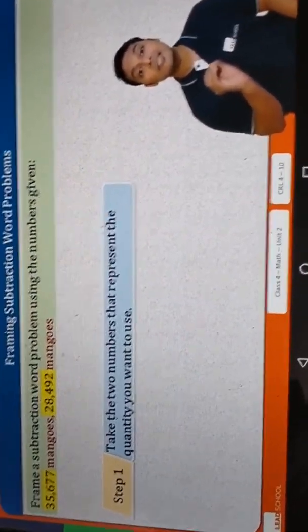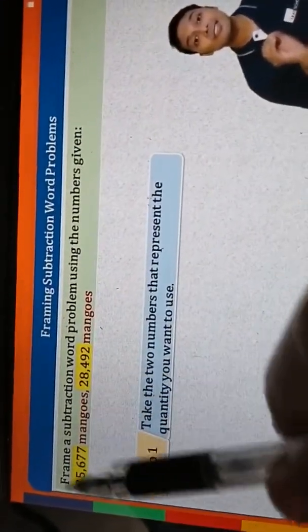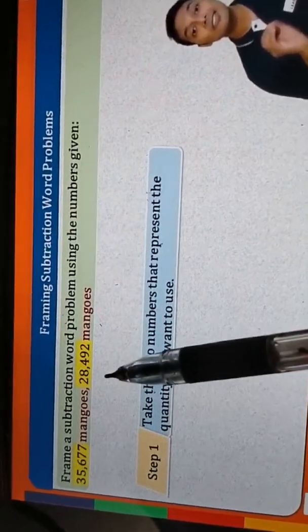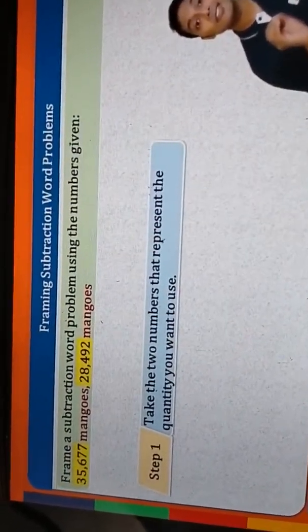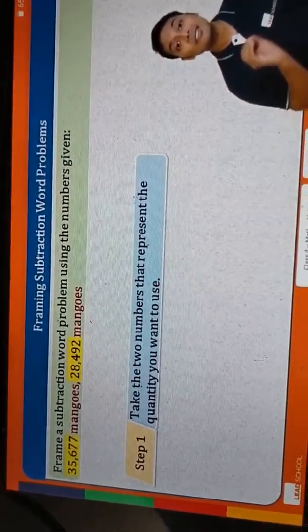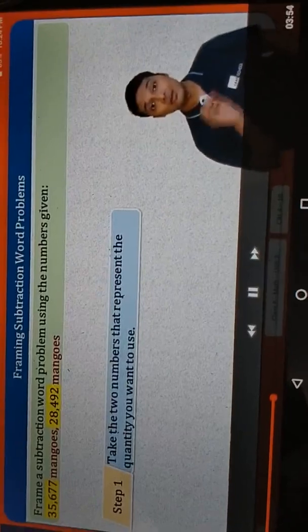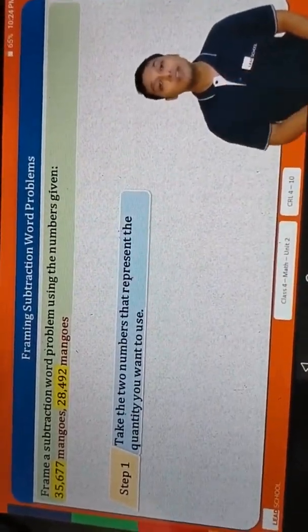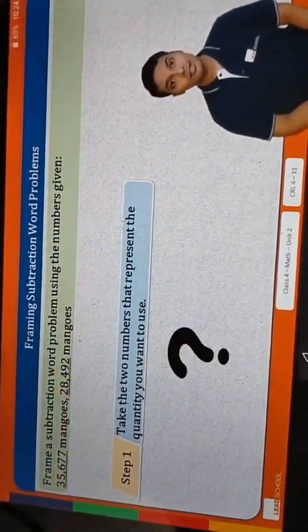That quantity is 35,677 mangoes and 28,492 mangoes. Both things are here. So 35,677 and 28,492 are the 2 numbers representing the quantity of mangoes.